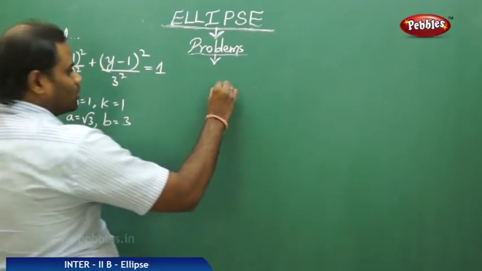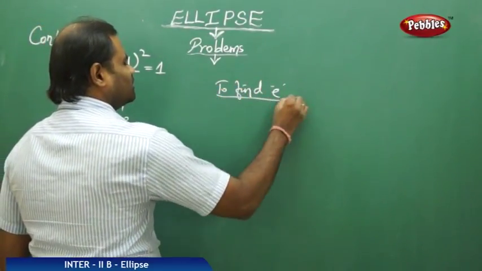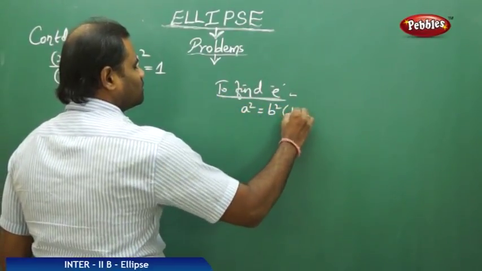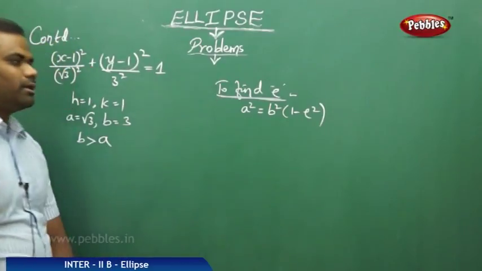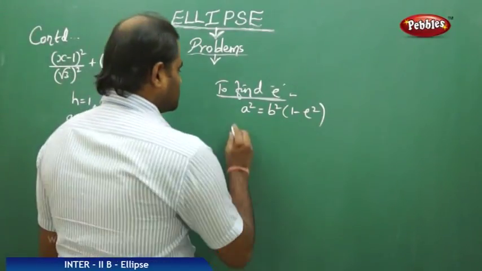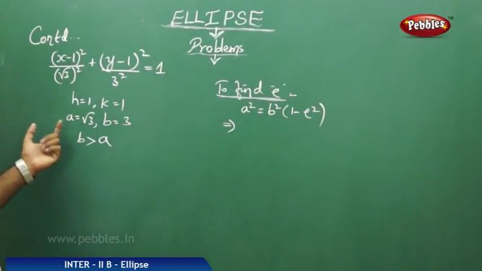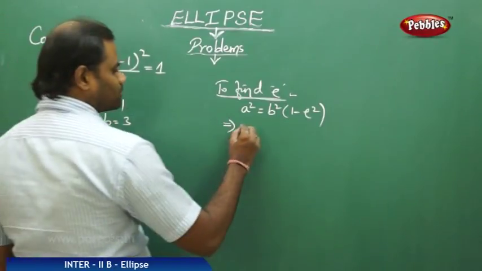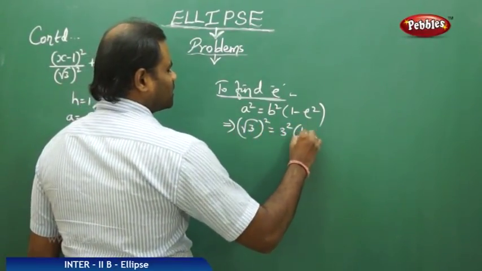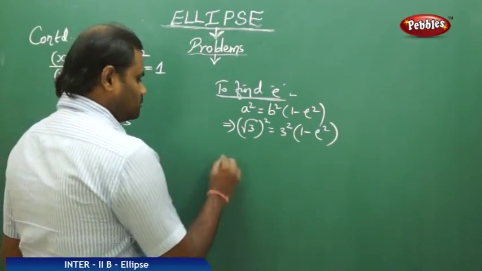Therefore, in order to find the eccentricity e, we use the formula a square equal to b square times (1 minus e square). That on further simplification gives a square, which is root 3 whole square, and b square, which is 3 square, times (1 minus e square), through which I find e.